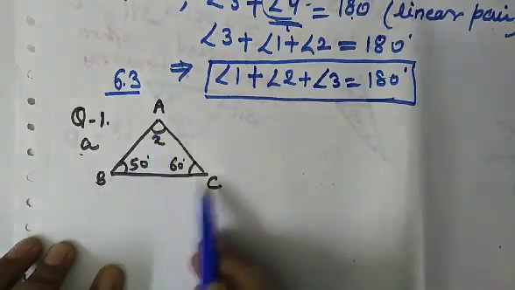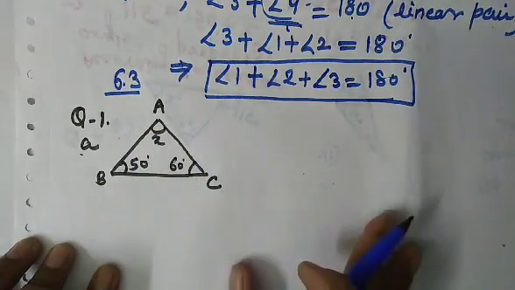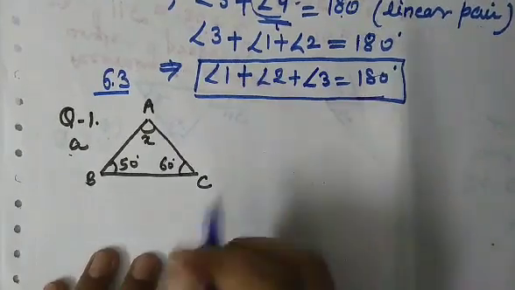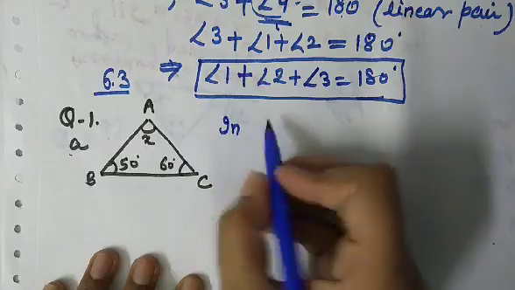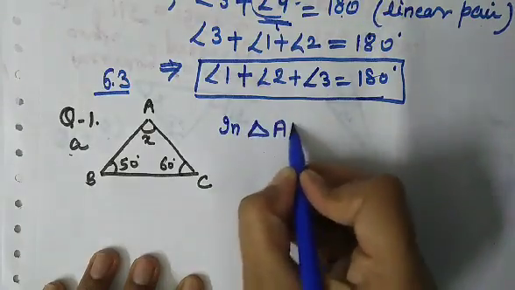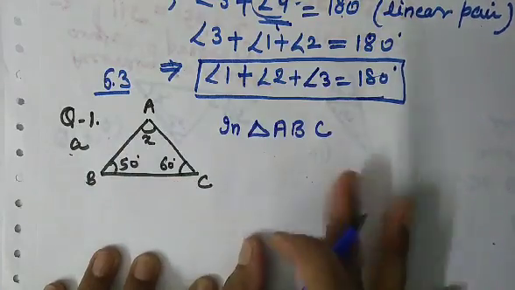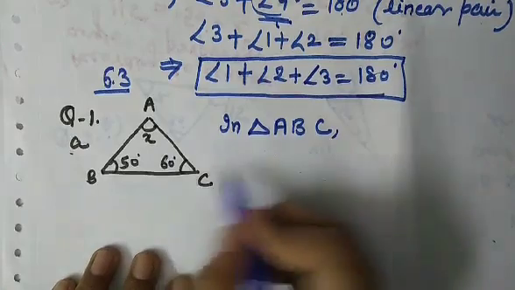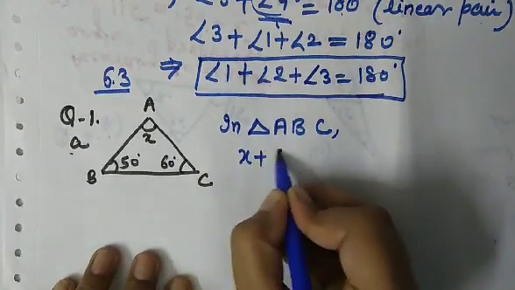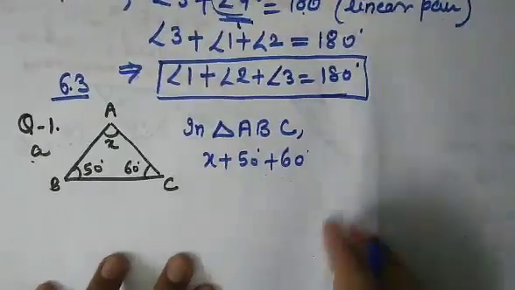As we know that ABC is a triangle and this x, 50 and 60 are its interior angles. So how will you write this? In triangle ABC, because we have been given this triangle, you have to write in triangle ABC, angle x plus 50 plus 60, their sum is equal to 180.